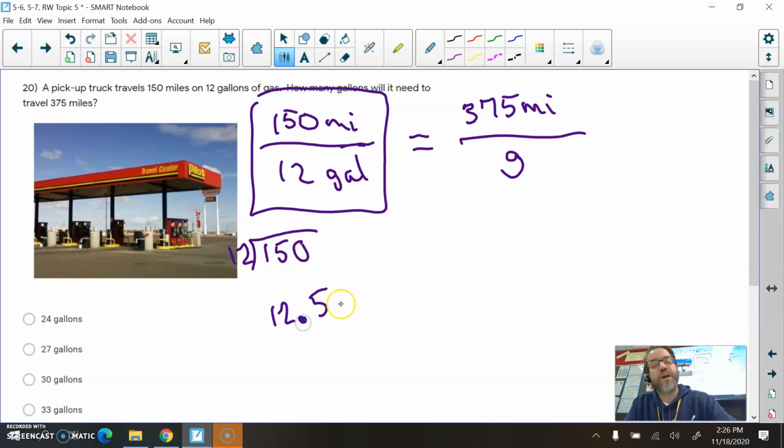So 12.5 miles in 1 gallon of gas. Pickup trucks don't get very good gas mileage. 12.5 miles per gallon, that's pretty lousy.